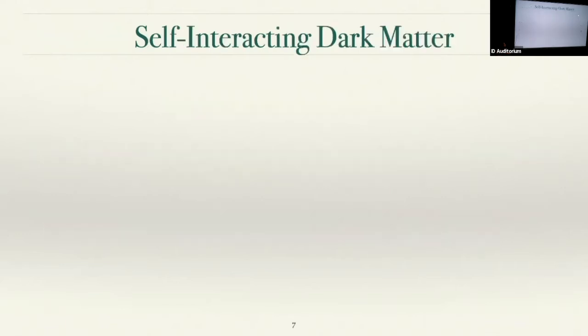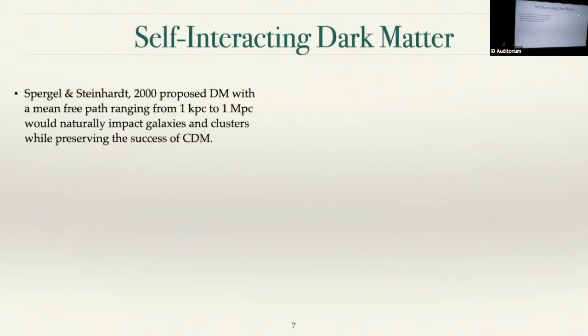Okay, and so this is where one such model comes in. This is self-interacting dark matter. And this was proposed in the seminal paper by Spergel and Steinhardt in 2000. They proposed that if you have a dark matter that has a mean free path ranging from about a kiloparsec to a megaparsec, you can naturally impact galaxies on kpc scales while still preserving the large-scale success of CDM.